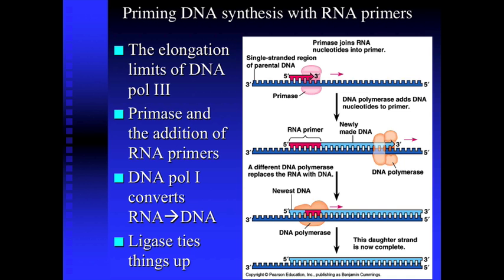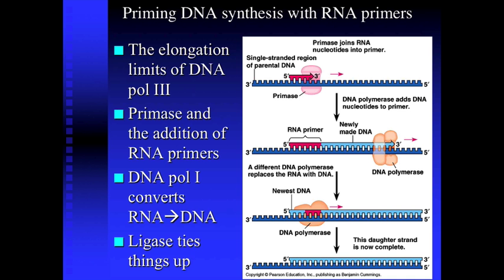It destabilizes the hydrogen bonds between the two halves of the double helix. So we have one enzyme, helicase. Once we open it up, we've got to stabilize it so it doesn't close up again. So there are a bunch of proteins called single-stranded binding proteins that bind to the DNA and prevent it from reannealing, from coming back together again.